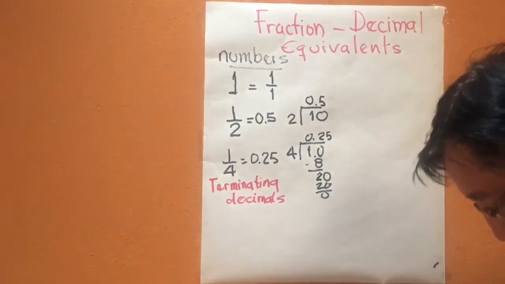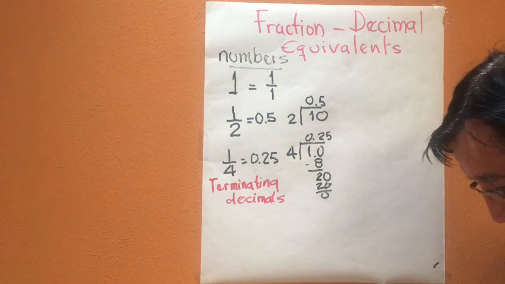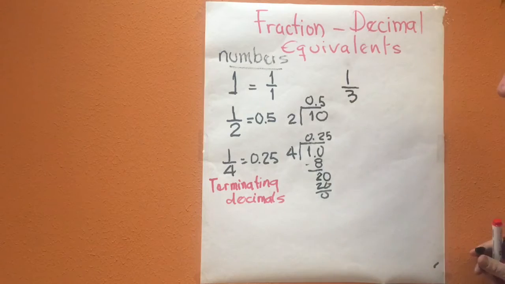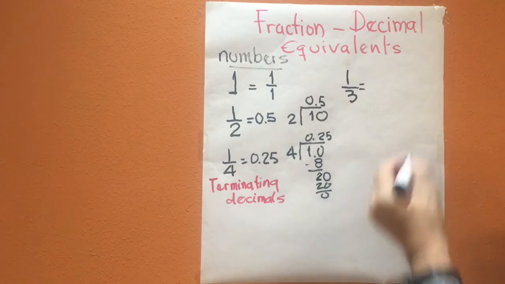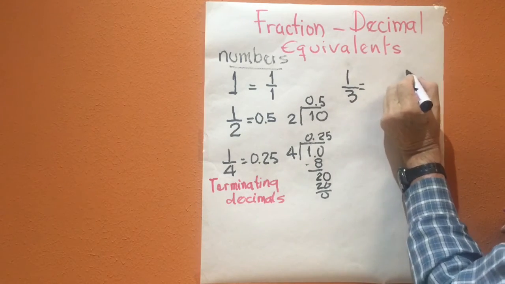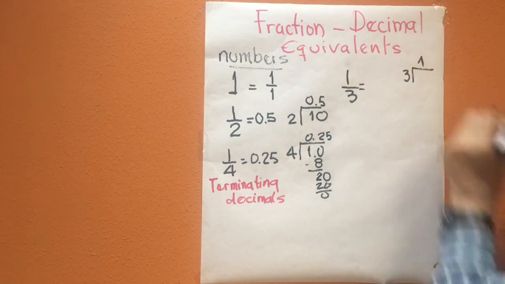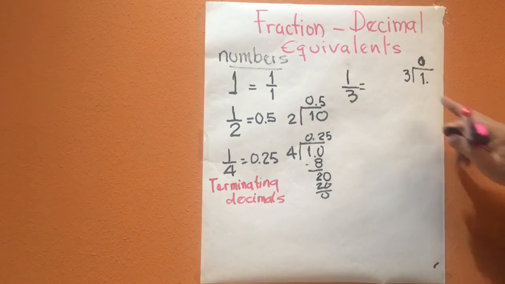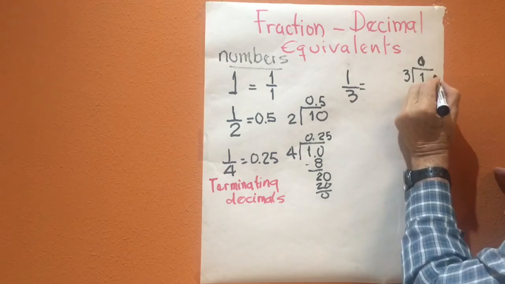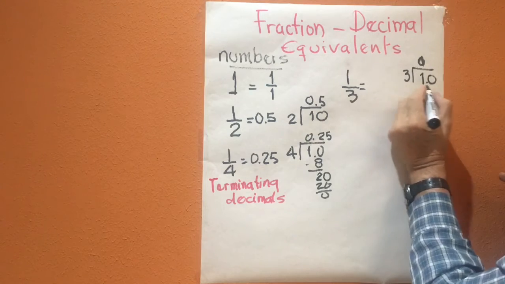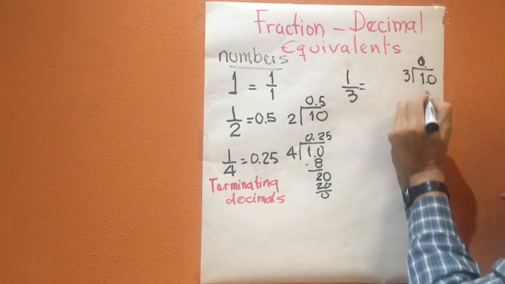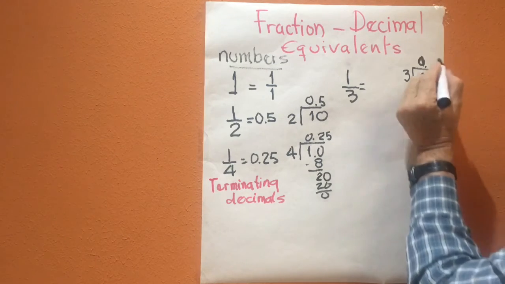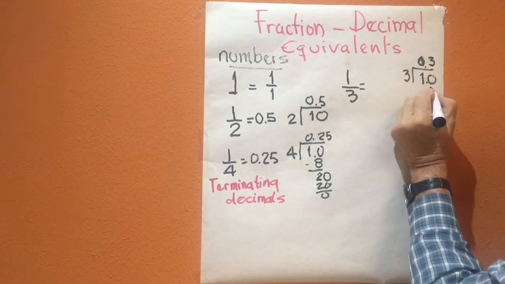Okay? Let's take an example like this. What happens if I have 1/3? As we do this same procedure, we will divide like this. Of course, 1 is not enough, so I'll have to add a 0. So 10 divided by 3 is going to be 3. 3 times 3 is 9.